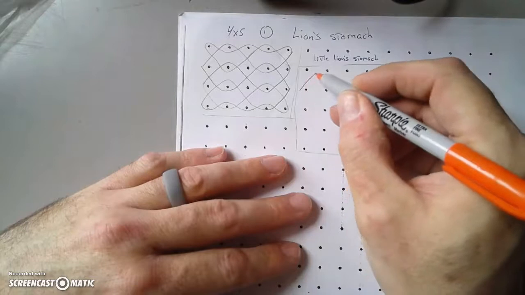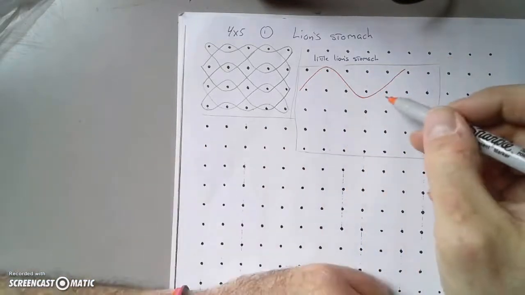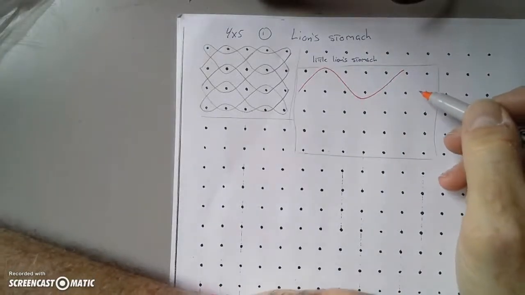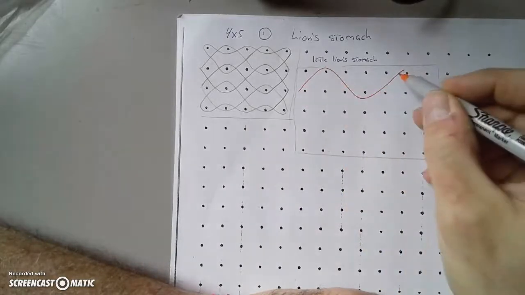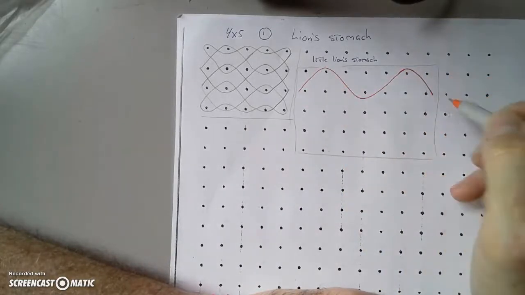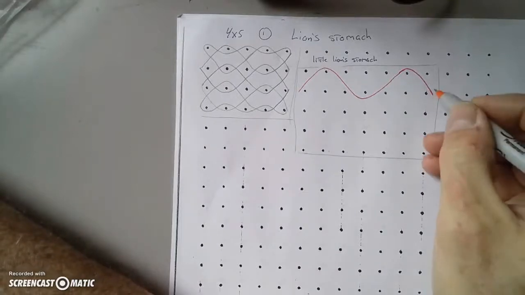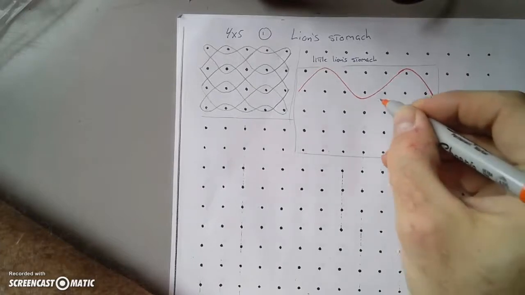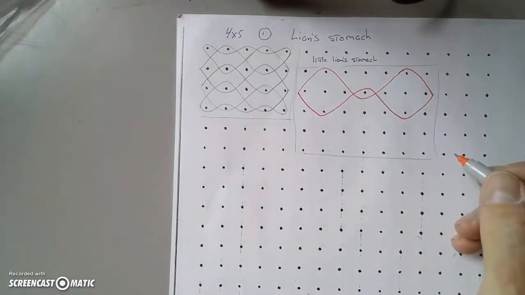Again, I do that motion, but this array is longer. The algorithm indicates you just continue to go up and then down, as much horizontal room as you have. When you come to a side, you reflect. Now I'm going to flip the whole thing upside down. So now down, and then up, and then down, and then up, and I'm back to where I started.